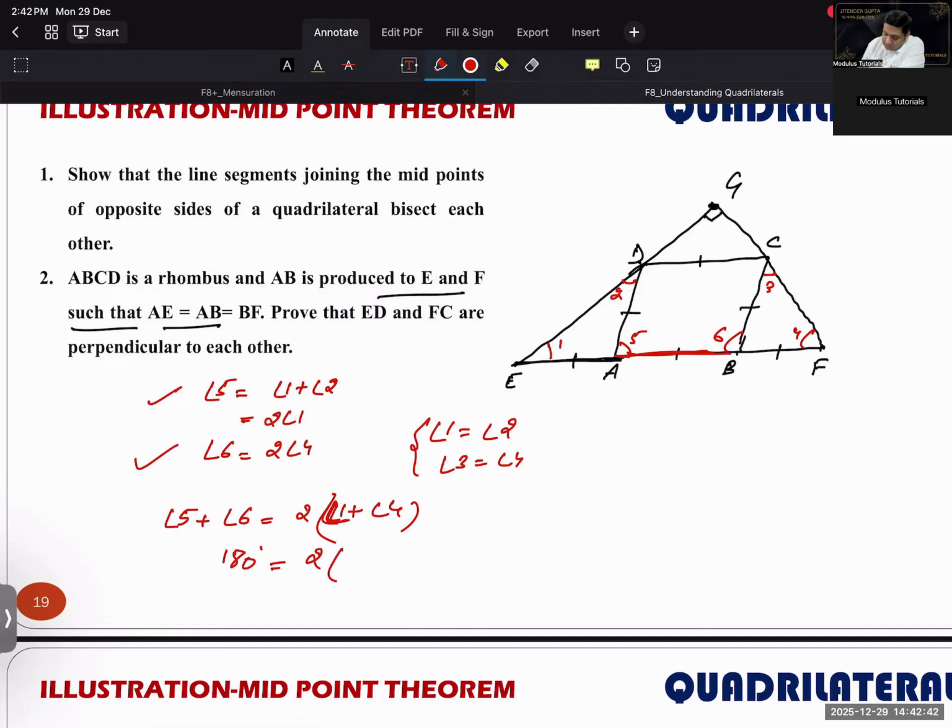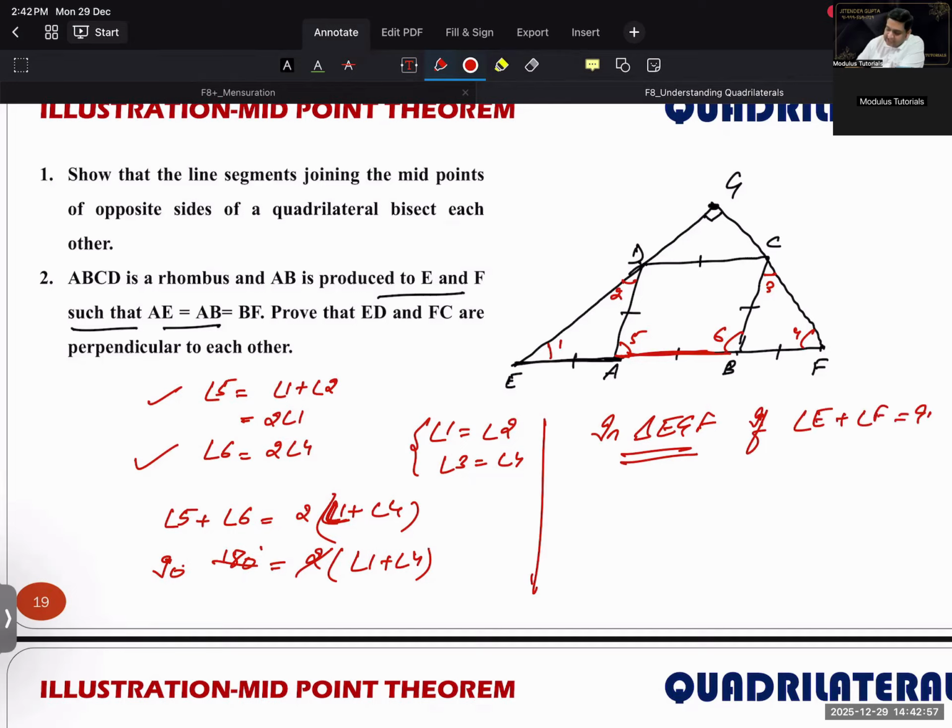So 180 is twice of angle 1 plus angle 4. So that means angle 1 plus 4 is 90. So in triangle EGF, if angle E plus angle F is 90 degrees as proven just now, what is angle G expected to be? 90 degrees. Hence established. Got it, guys?